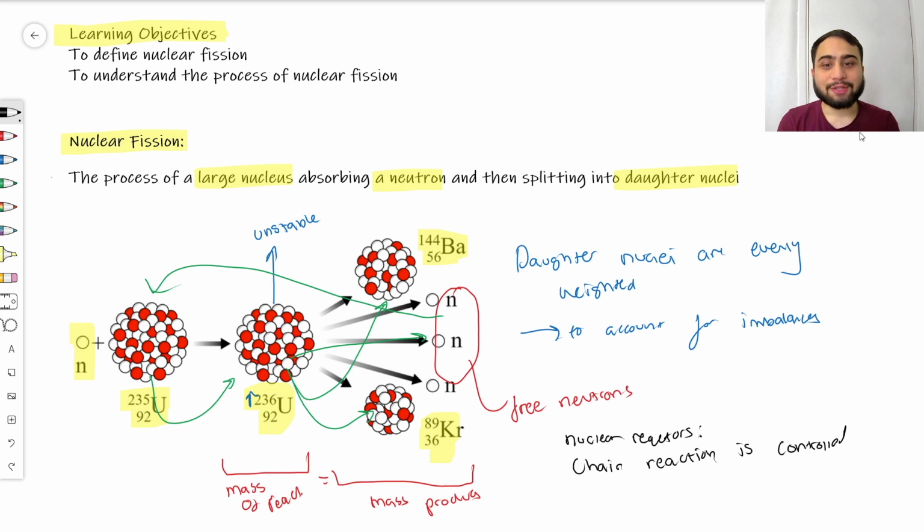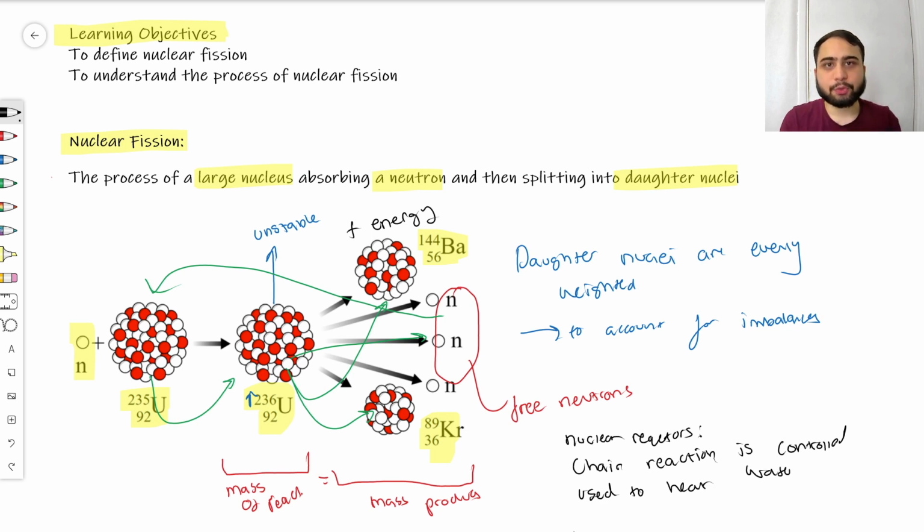Okay, I forgot to mention that when this larger nucleus splits into smaller nuclei, a tiny bit of mass is actually lost. That mass is converted into energy by Einstein's famous equation, E equals mc squared, right? So really, in the equation, we also have plus energy. Okay, so in nuclear reactors, this chain reaction of atoms splitting up and releasing energy is controlled and then used to heat water.